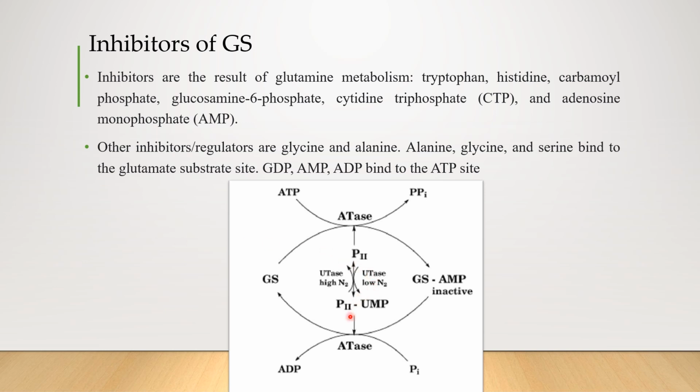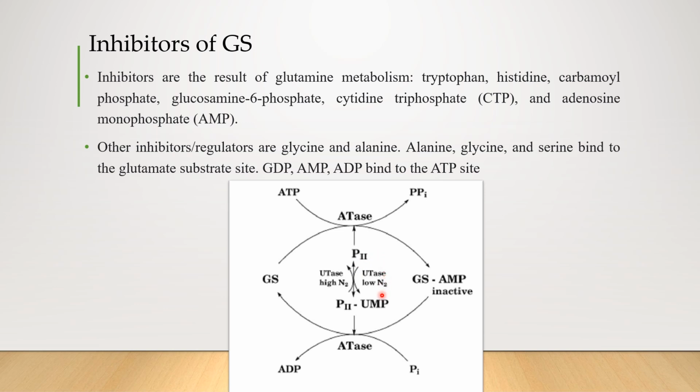Here you can see the activity of P2 when there is high nitrogen and when there is low nitrogen. If there is high nitrogen, obviously there is a need to convert this P2-UMP, the uridylated one, and then the glutamine synthetase becomes active, and you find glutamine synthesis taking place.